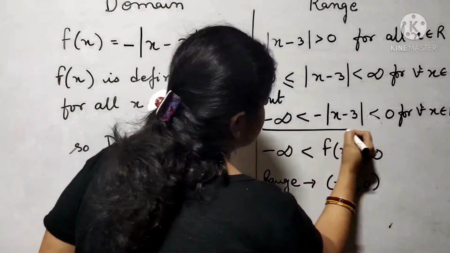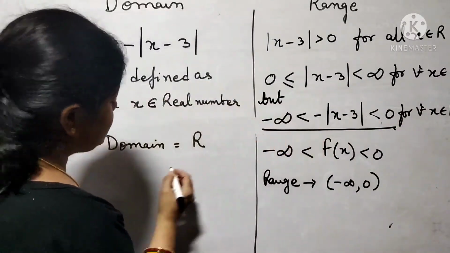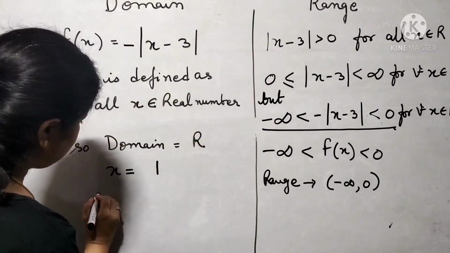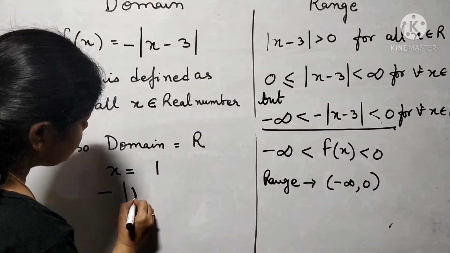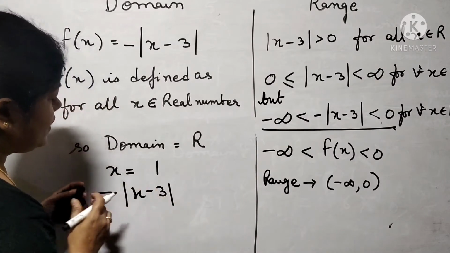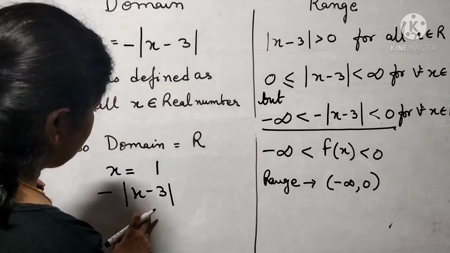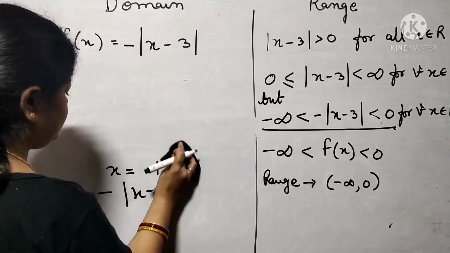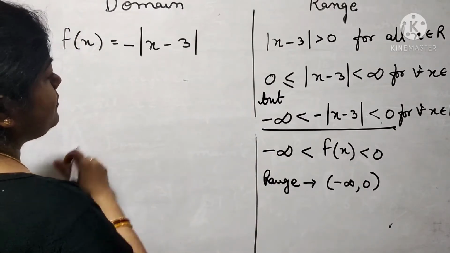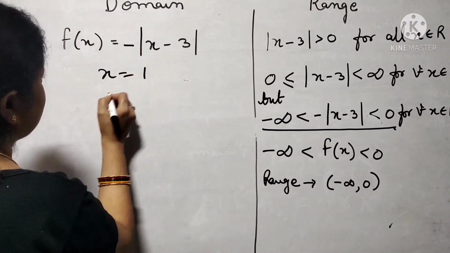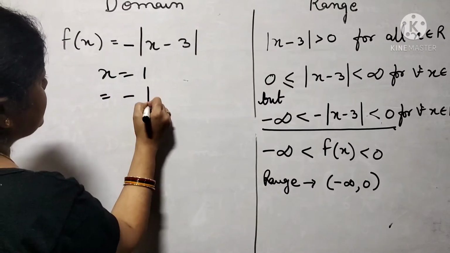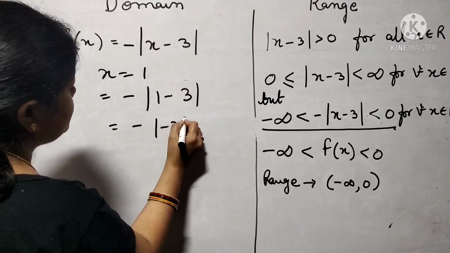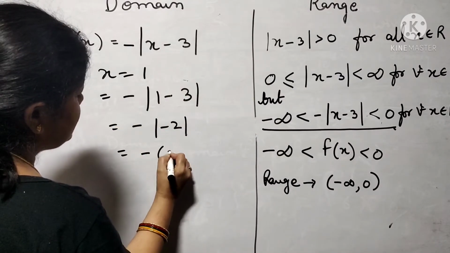For example, if we give the value of x as 1, then its value is minus modulus of 1 minus 3, which is equal to minus modulus of minus 2, which is equal to minus 2.